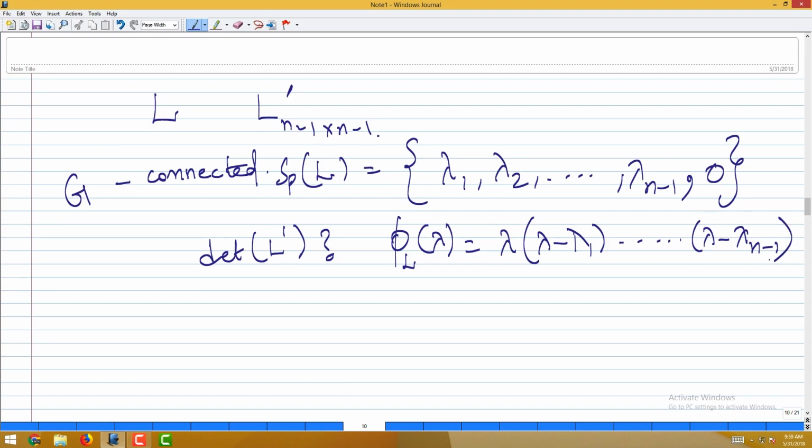If I expand this, we have already seen how the coefficients of a characteristic polynomial will be. Not only for the adjacency matrix, it is true for any matrix. The coefficients of the characteristic polynomial have a very particular pattern. What is that pattern?